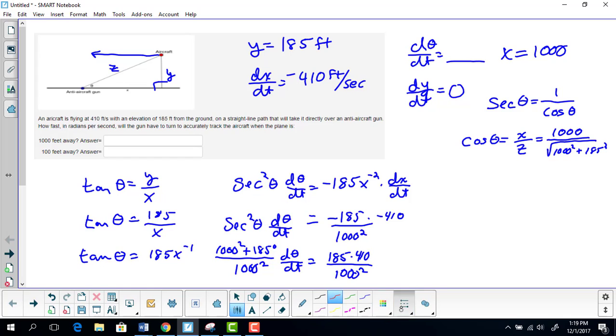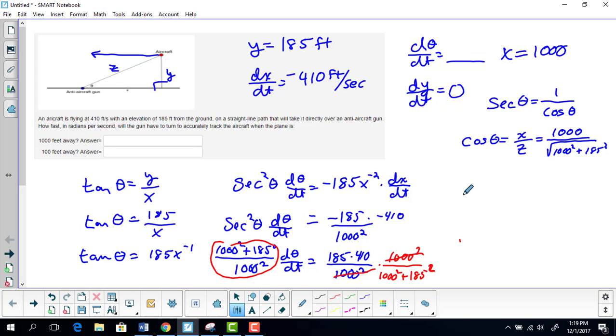Now I'm going to multiply by the reciprocal of this to cancel it out and solve for d theta/dt. The nice thing about that is the 1,000 squared in the numerator is going to cancel out with this 1,000 squared here, and I'll just end up with 1,000 squared plus 185 squared in the denominator.